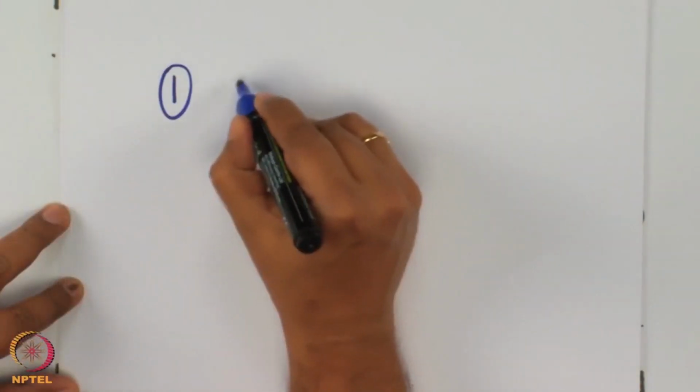So in this lecture we will summarize with the following. What did we learn? We learned the quadratic function.